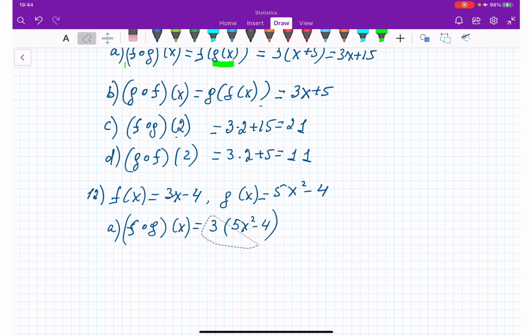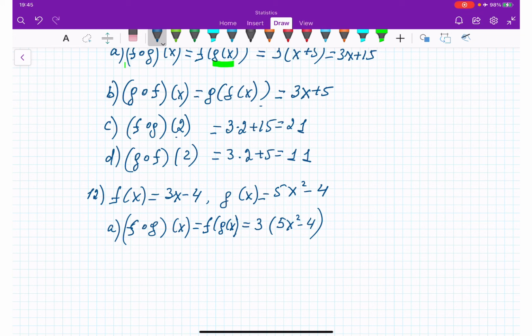I don't want to jump, so it's equal to f of g of x, right? Which means 3 times 5x squared minus 4.